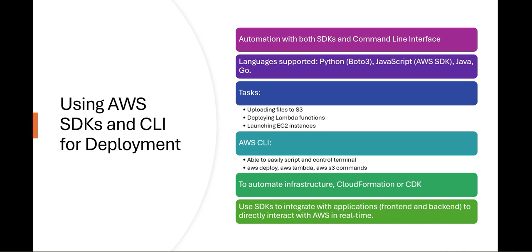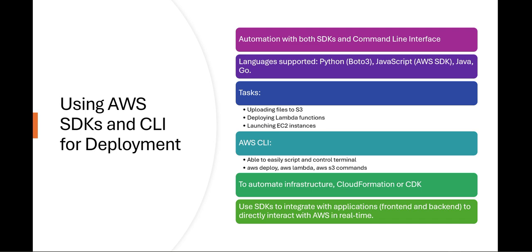And here is using AWS SDKs and CLI for deployment. Automation with both SDKs and the command line interface. Languages supported for development using AWS SDKs and CLI are Python, JavaScript, Java, and Go.